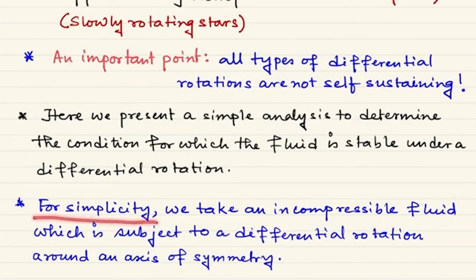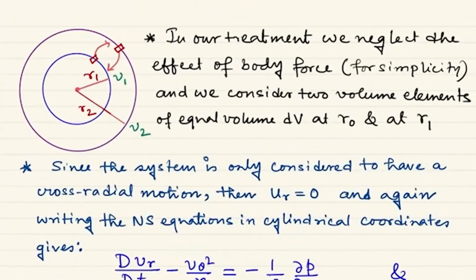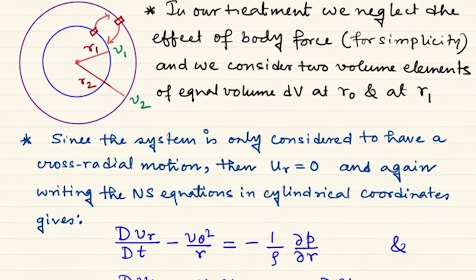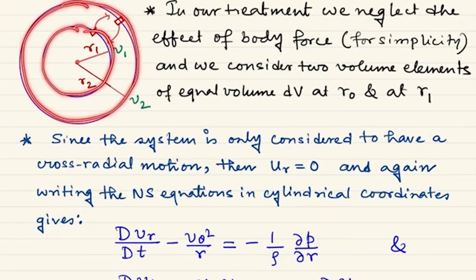For simplicity, here we take an incompressible fluid which is subject to a differential rotation around an axis of symmetry. So you see this type of disk, and we are just taking two concentric rings. One is at R1, another is at R2.